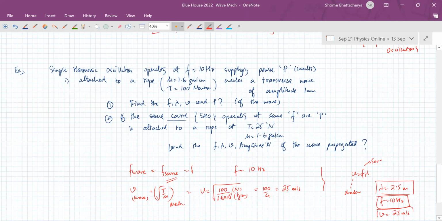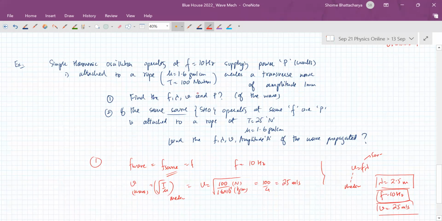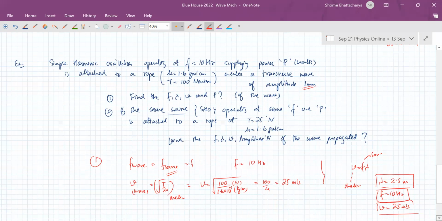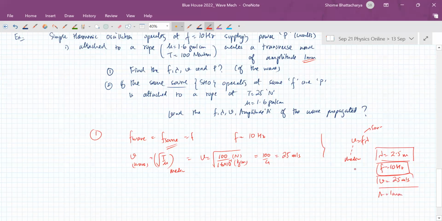And in this case, the amplitude is given to me. In the first part, the amplitude is given. It's producing a wave of amplitude 1 millimeter. And also from this, you can see that the value of omega is 2 pi f, so 20 pi in radians per second. The value of angular wave number k is 2 pi by lambda.